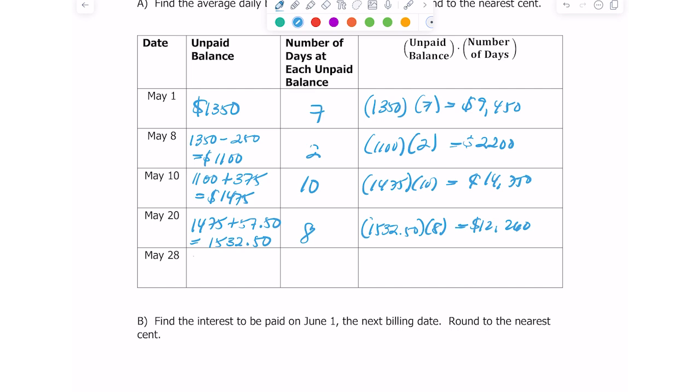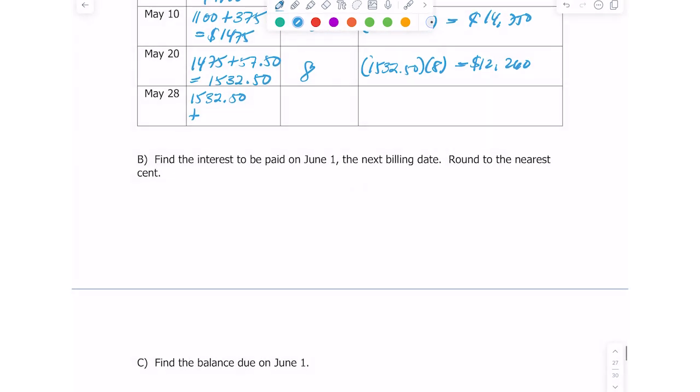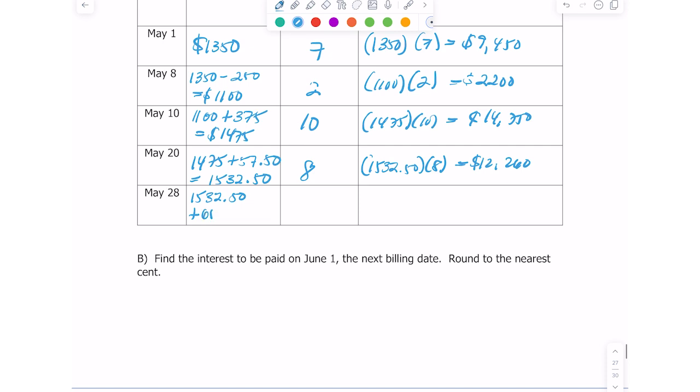And now I'm going to take my unpaid balance and add on the restaurant bill, $65.30. And it comes out to $1,597.80. Okay, and then from May 28th to June 1st, that's 4 days.